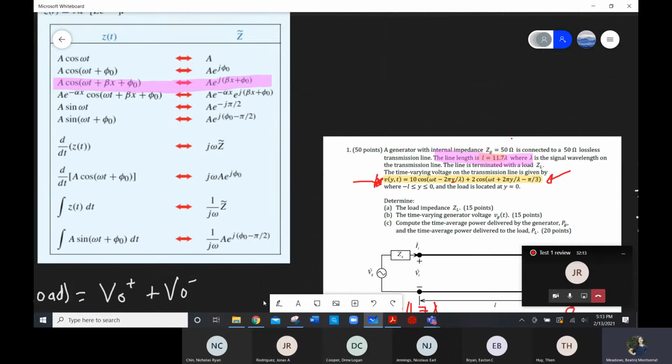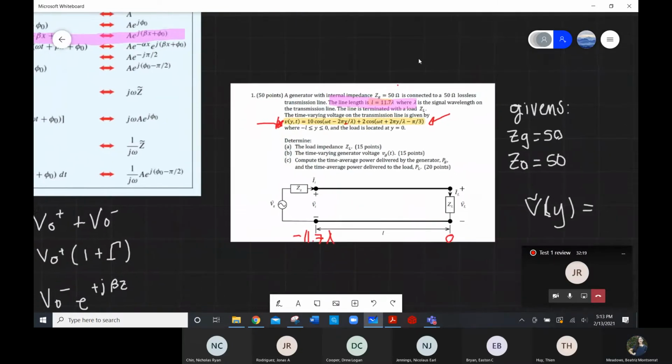Right, so can someone give me the phasor expression of this whole thing? Let's test you on your phasors.